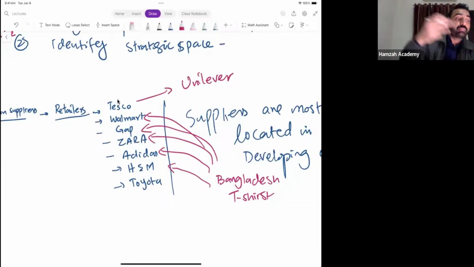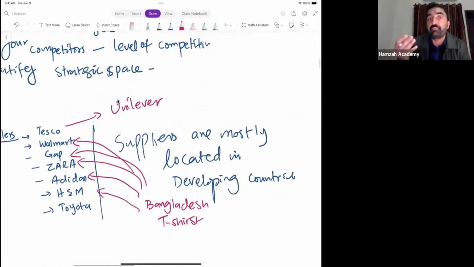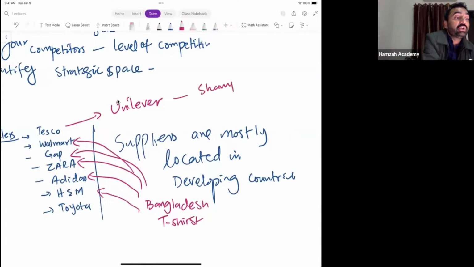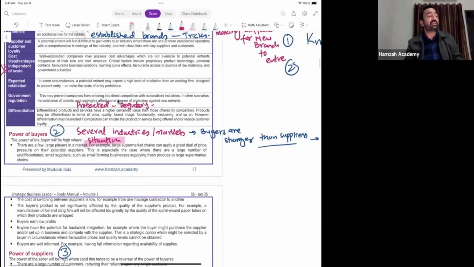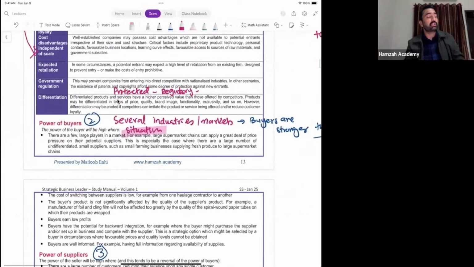Unilever supplies dozens of brands to Tesco and Walmart, for example shampoo brands, personal hygiene brands, laundry brands, cleaning brands, soap brands. This is very interesting to know.